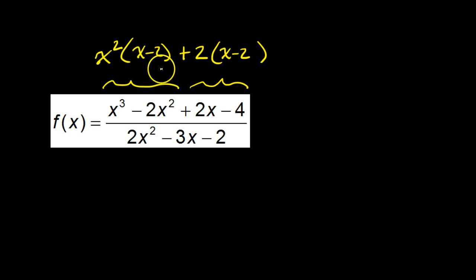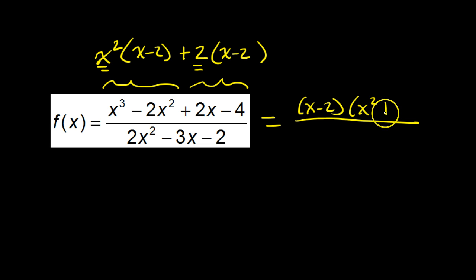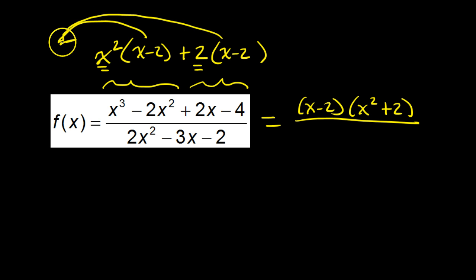Now x minus 2 itself is a common factor. So I'm going to take that common x minus 2 and put it in the front. That's going to leave behind x squared plus 2. Okay, we just took the x minus 2's and we put that out front. So we just factored the numerator.